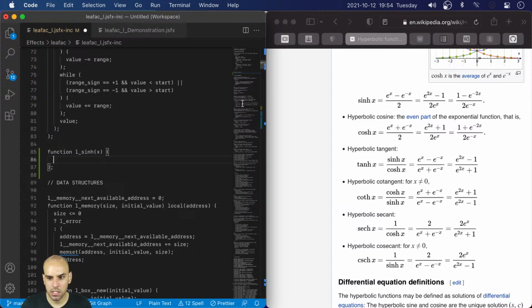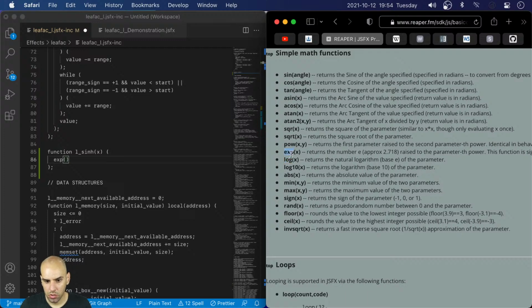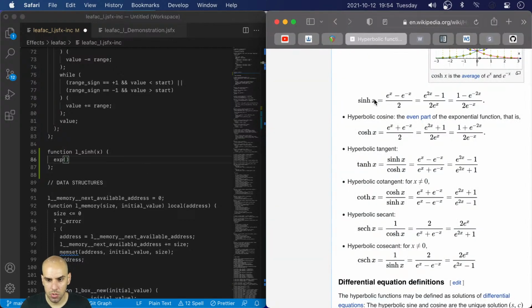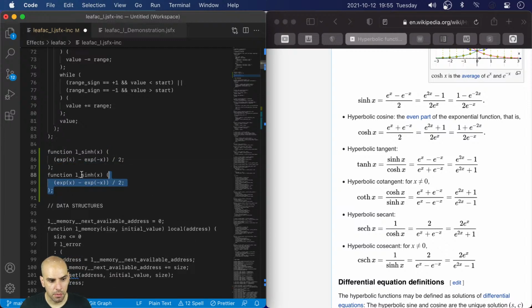So this e to the power of is actually optimized in JSFX. It's called the exp function. So I can just use that exp of x minus exp of minus x divided by 2, but I do need parentheses around this to mean that I want the division to happen with the result of the subtraction. So that's my sine hyperbolic.